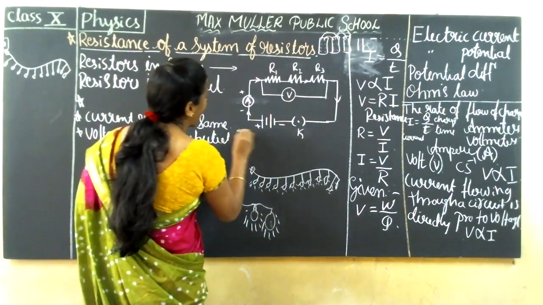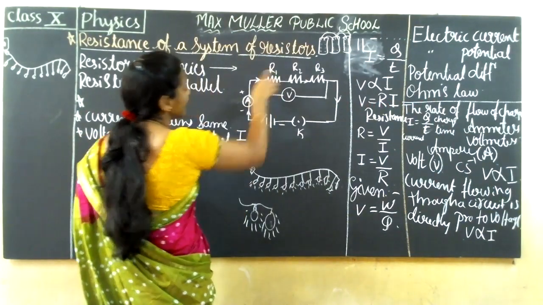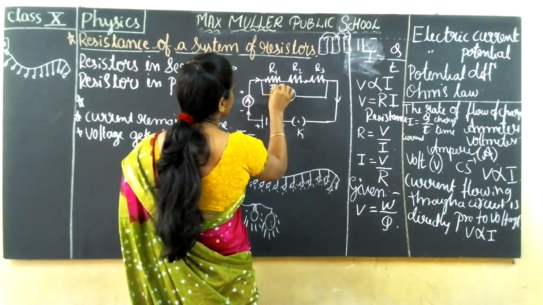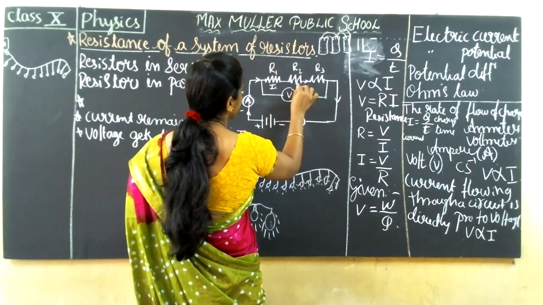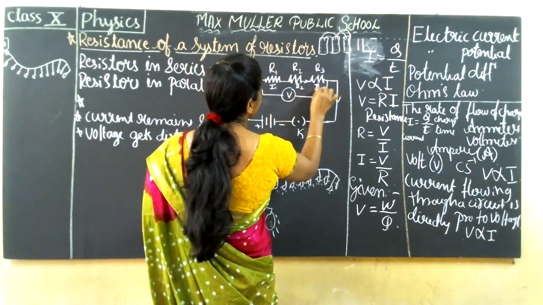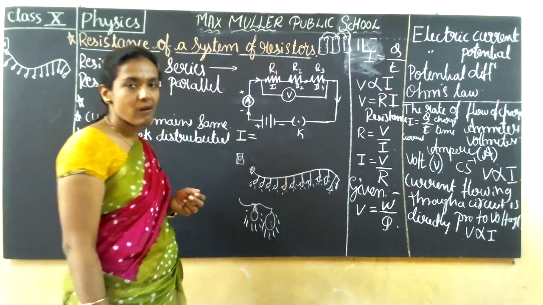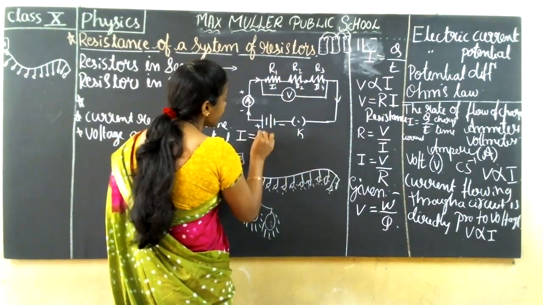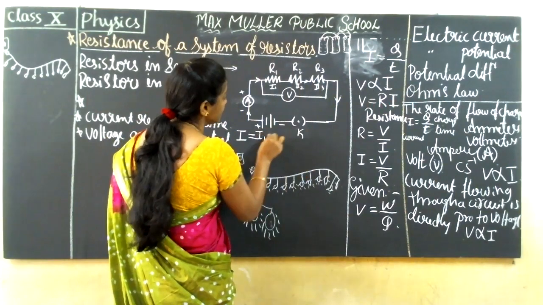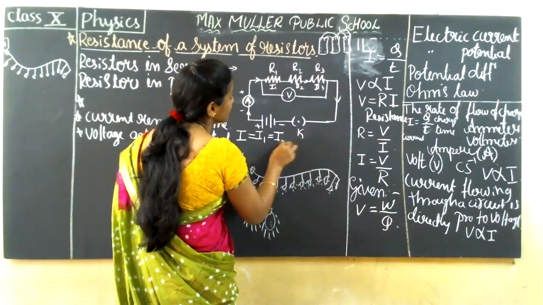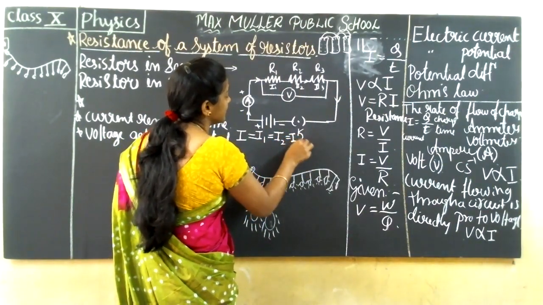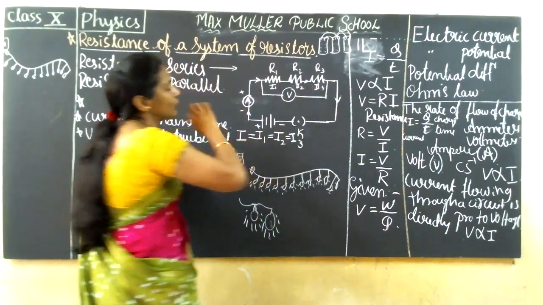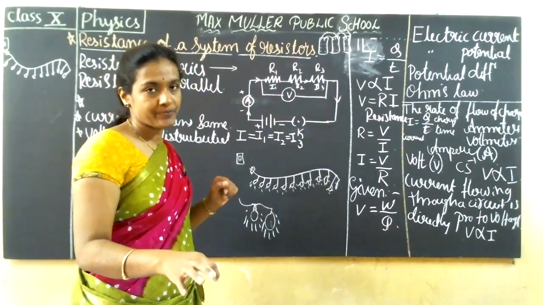Here R1 is there, I can take this current as I1, R2 is there, I2, R3 is there, I3. So current remains the same: I is equal to I1 is equal to I2 is equal to I3. In all the resistors, the current flowing is the same.